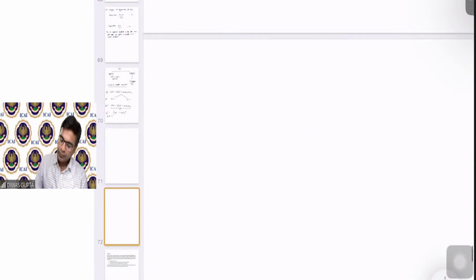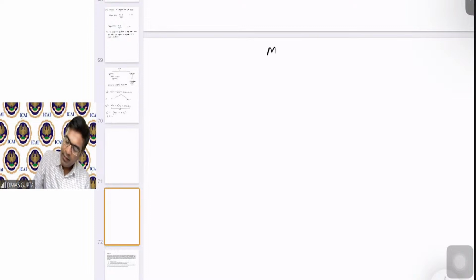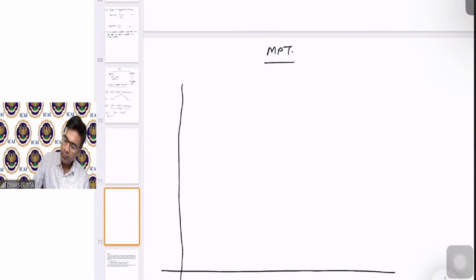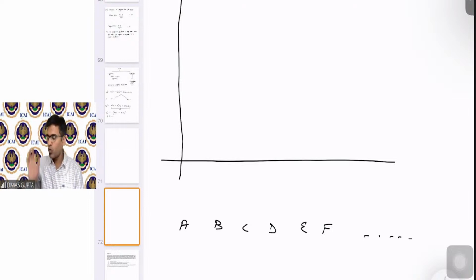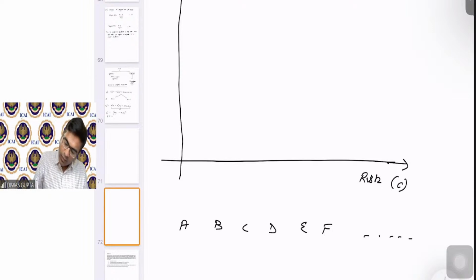Then lastly, in MPT, let's say we have a lot of portfolios. We have too many portfolios, let's say thousands, lakhs of portfolios, right? All of them are having different risk and different return. So I'm plotting risk on the x-axis and return on the y-axis.